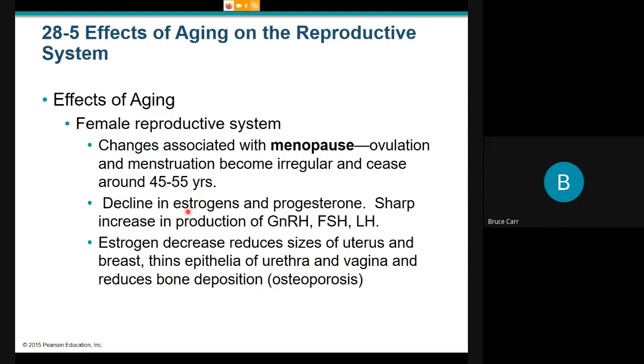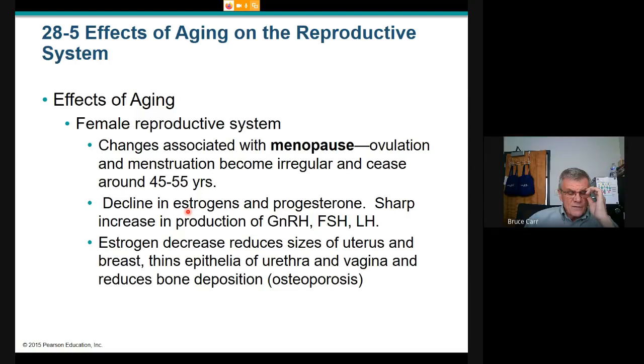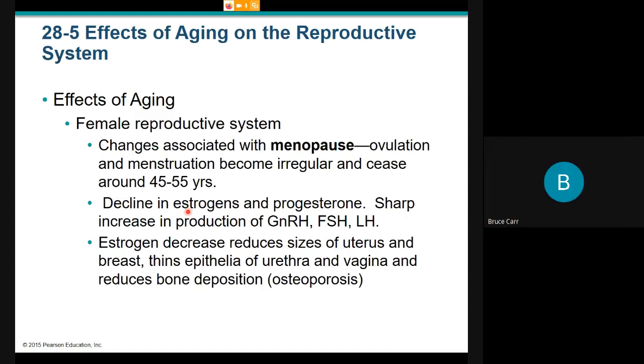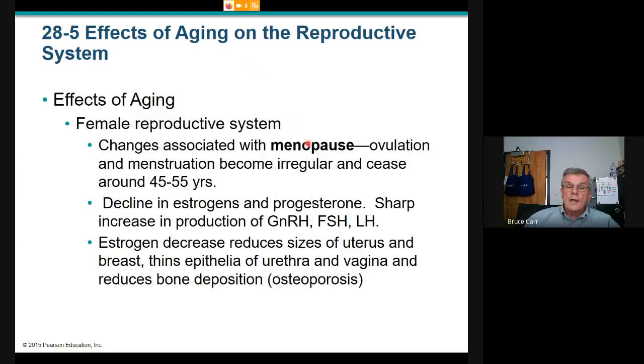In the female system, the effects of aging lead to the slowing and then the cessation of ovulation. And when ovulation and the menstrual cycle cease, the female is infertile, and we refer to that stage as menopause.